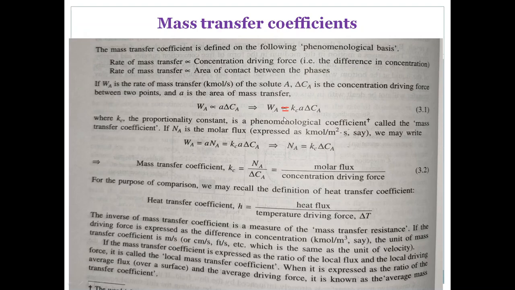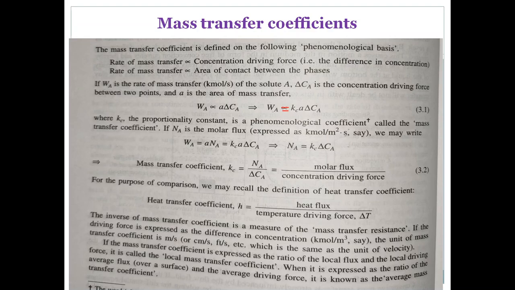Now W equals Kc A into delta C, and then the flux equals Kc into delta C. So the mass transfer coefficient Kc is equal to the molar flux divided by the concentration driving force. You have already studied the heat transfer coefficient h, which was the heat flux by the temperature driving force. In that case it was temperature, and in this case it is the concentration driving force.